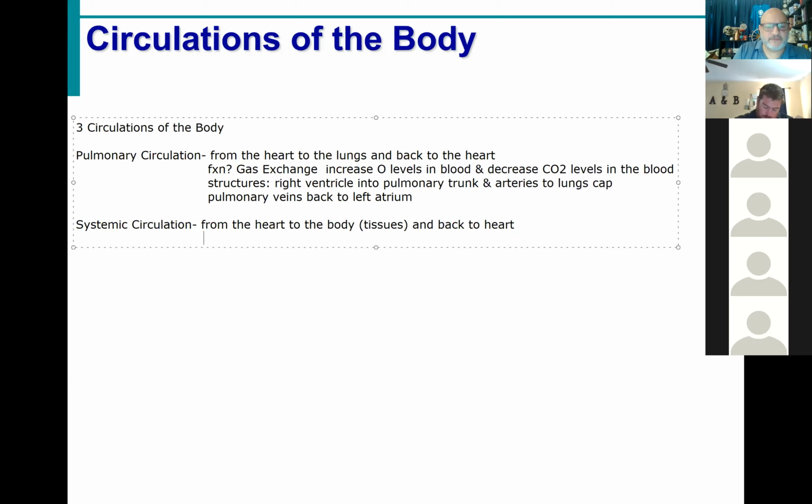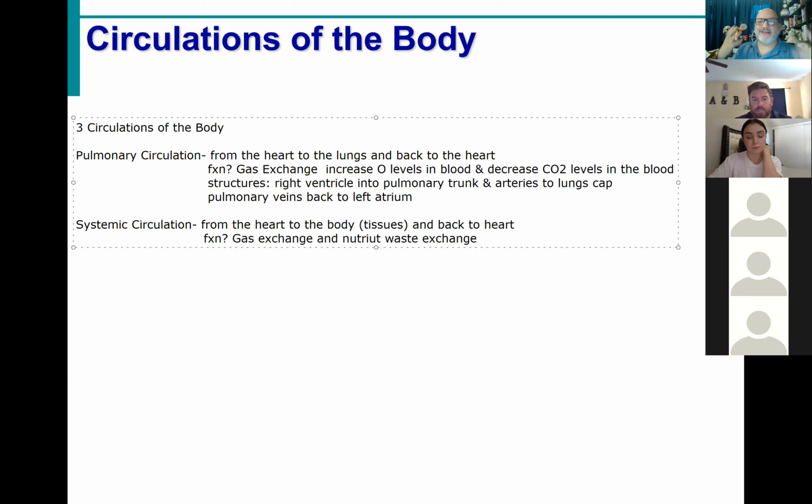What is its function? To supply oxygen and nutrients to the body. Absolutely. We absolutely are going to do more gas exchange again, but also nutrient and waste exchange.